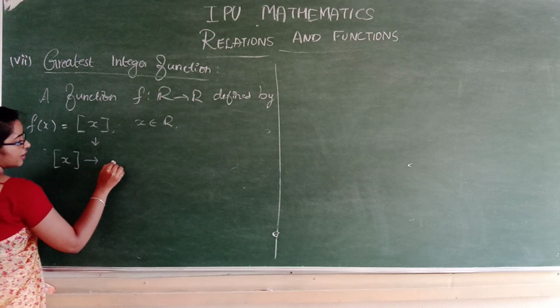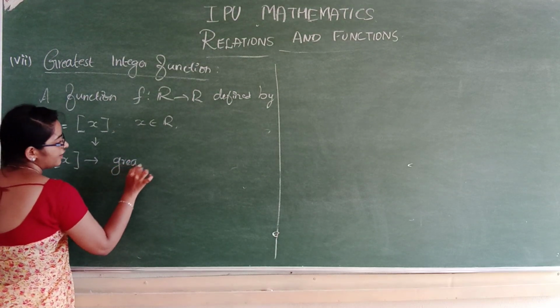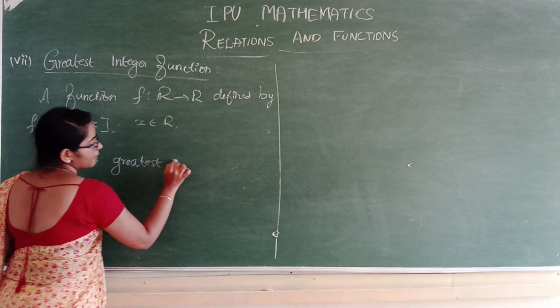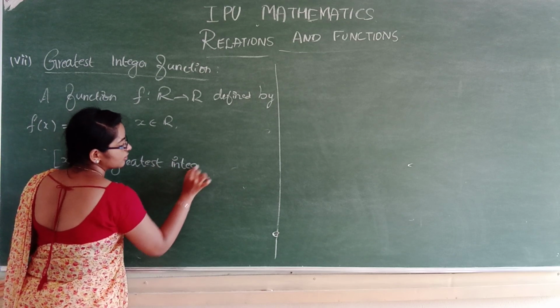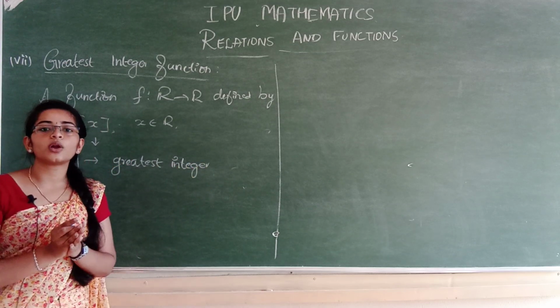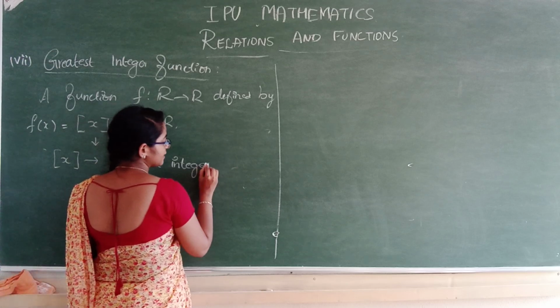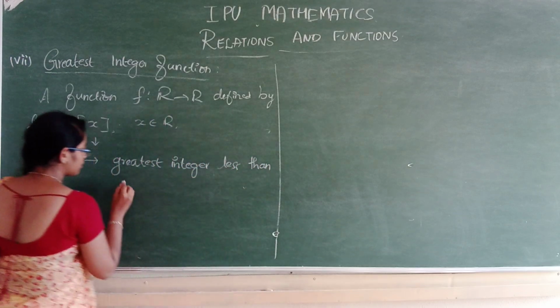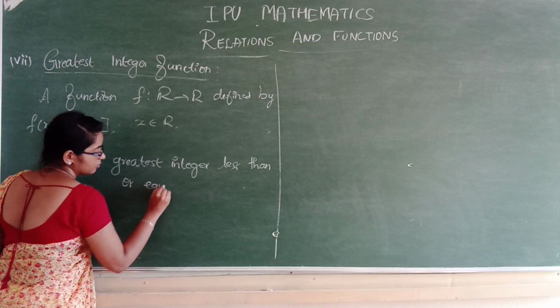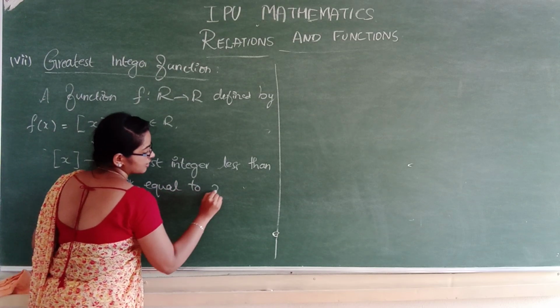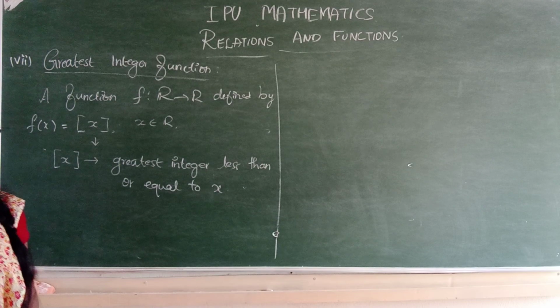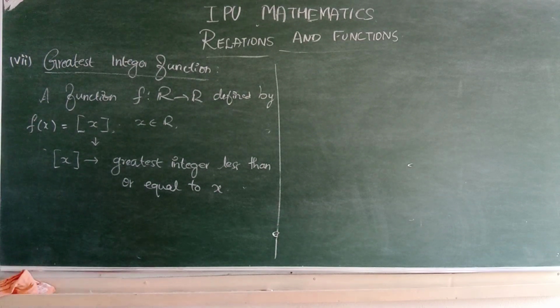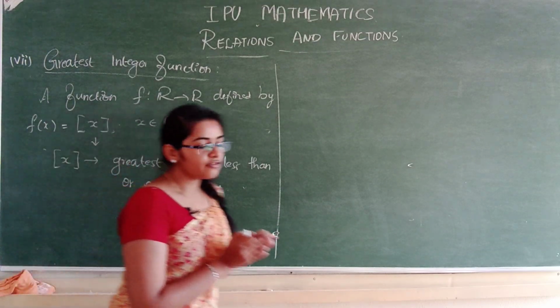What is it? It is the greatest integer less than or equal to x. This is the definition of the greatest integer function.